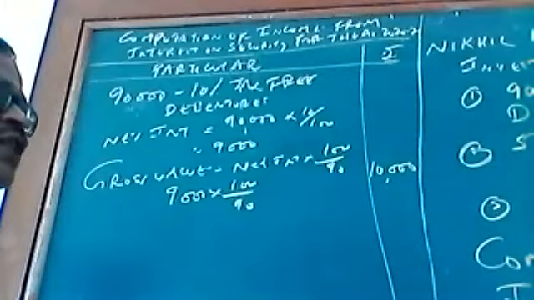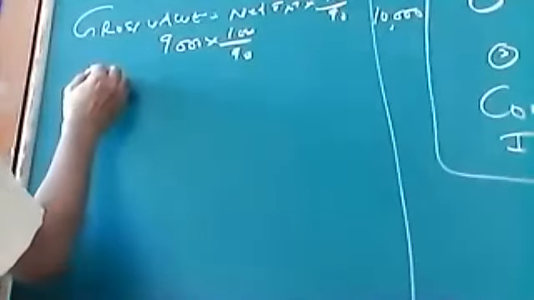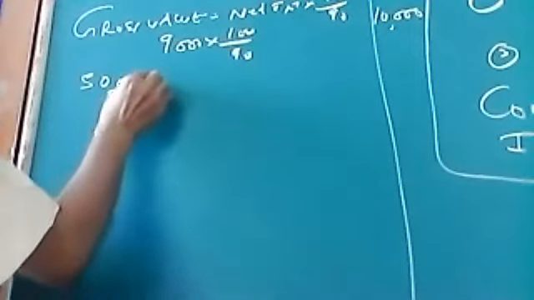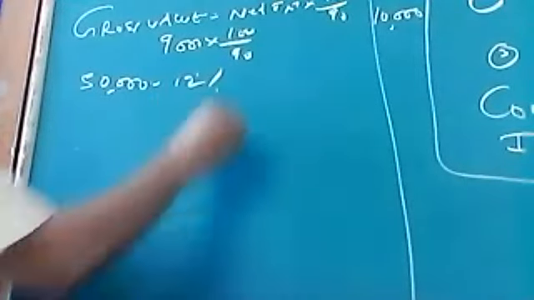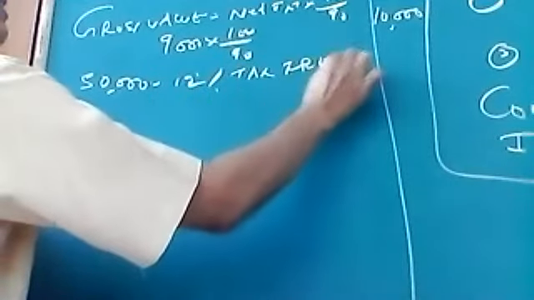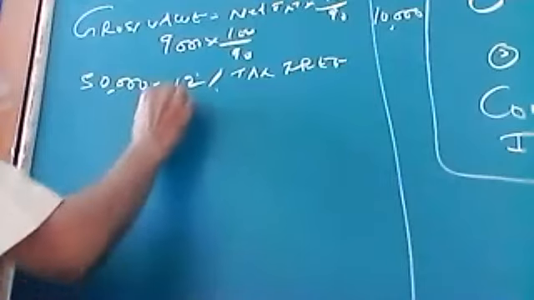Now, the second one is given: tax-free Punjab government loan. Punjab is a state government. 50,000, 12% tax-free Punjab government loan.